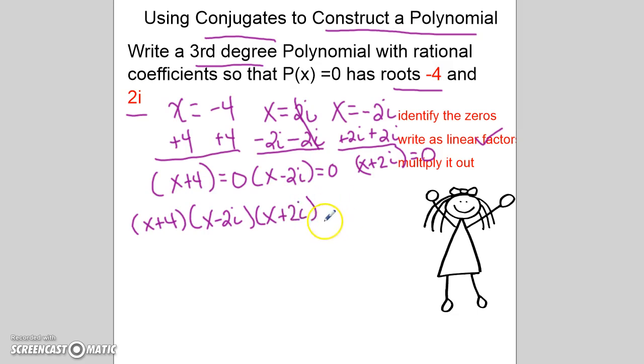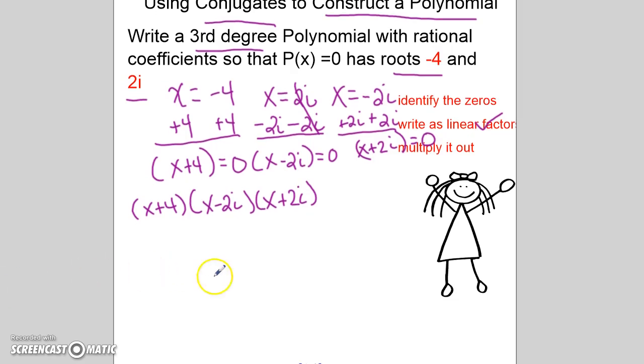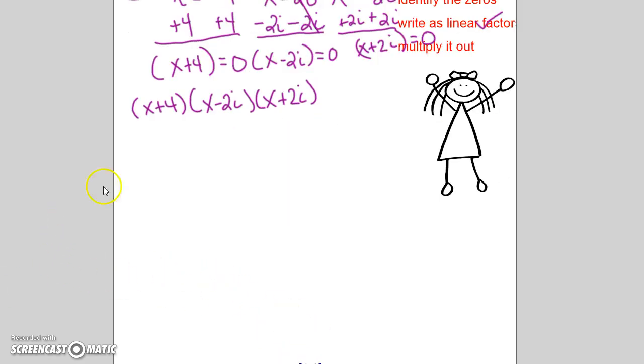I have to multiply this whole thing out. The first two I'm going to multiply together are the complex factors, and there's a reason why, and you will see it.